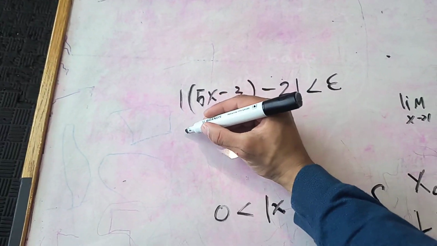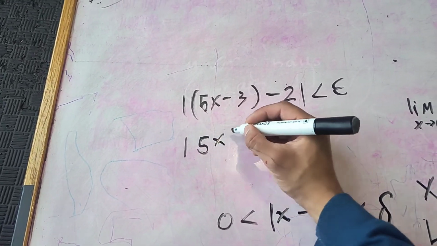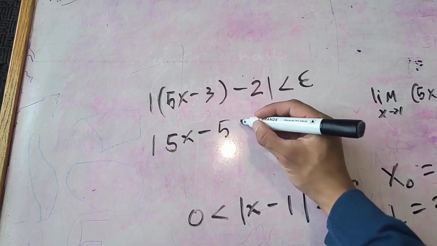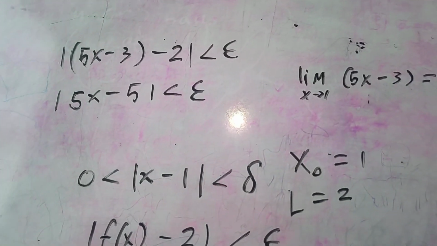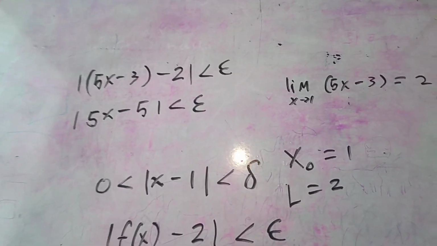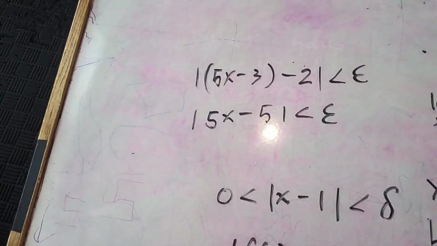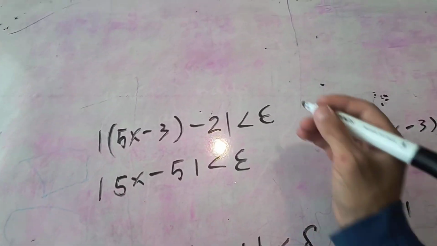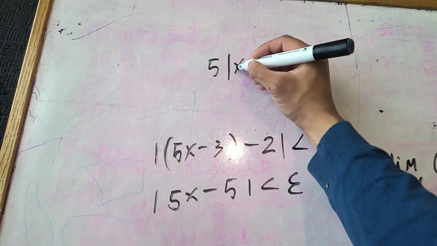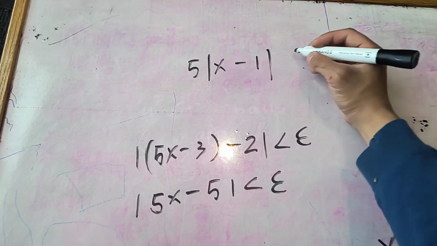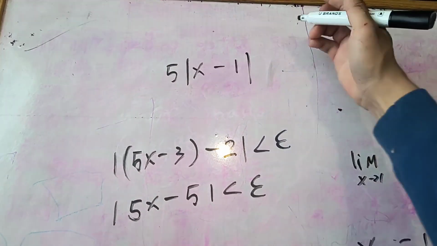This is the same thing as saying the absolute value of 5x minus 5 is less than epsilon. We could also rewrite this as 5 times the absolute value of x minus 1 is less than epsilon, an inequality.